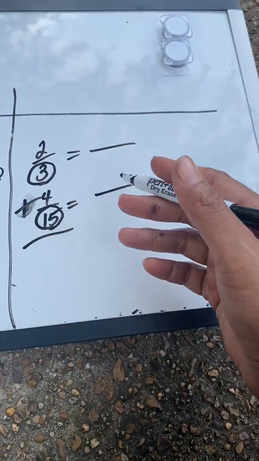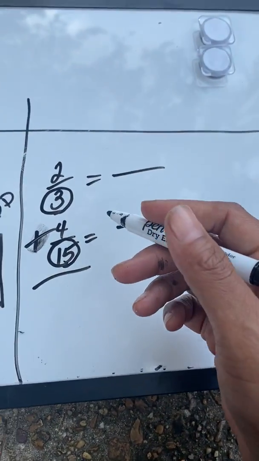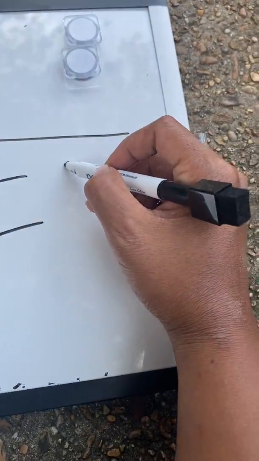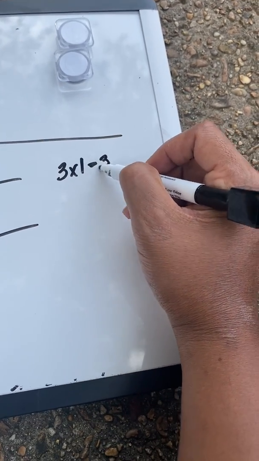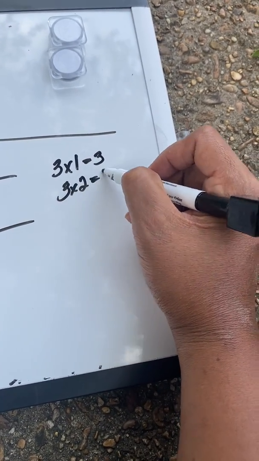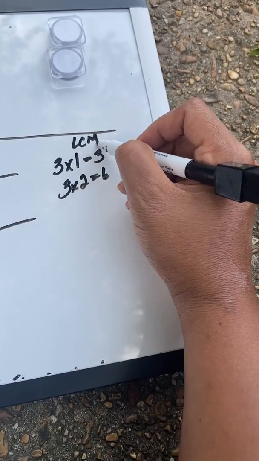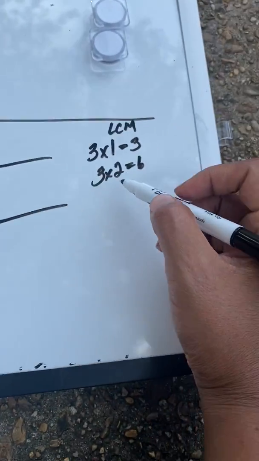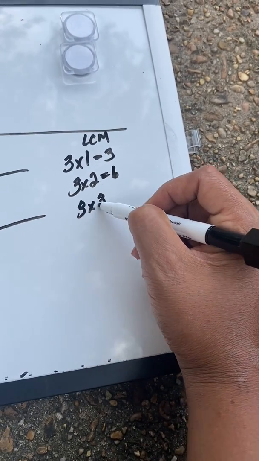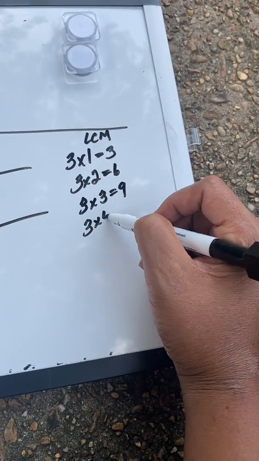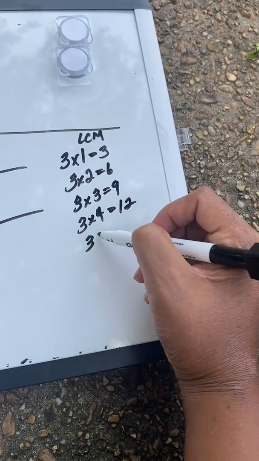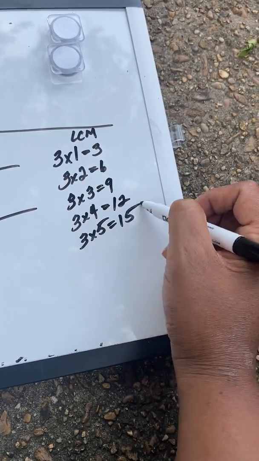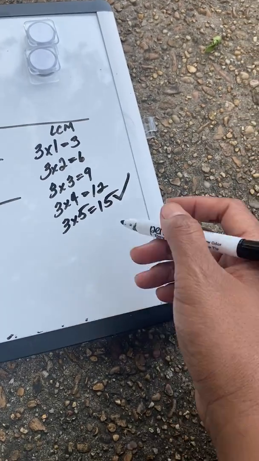15 times 1, 15 times 2, okay? So I'm going to take 3, and I'm going to do 3 times 1 is 3. 3 times 2 is 6. And I'm trying to find my LCM, a number that 15 can go into and also 3. So 3 times 3 is 9. 3 times 4 is 12. 3 times 5 is, lo and behold, 15. This is what I need.